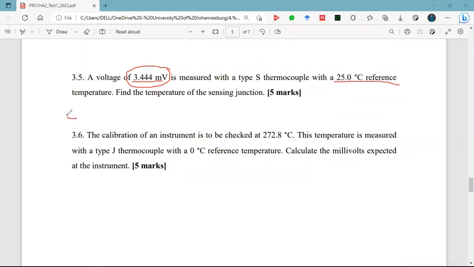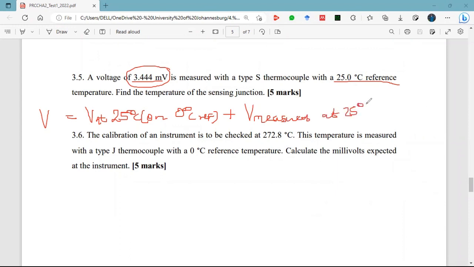It simply means that the voltage you're going to use, if you're going to use the table in your appendix, is going to be the V at 25 degrees on 0 degrees reference, plus the V measured at 25 degrees reference.